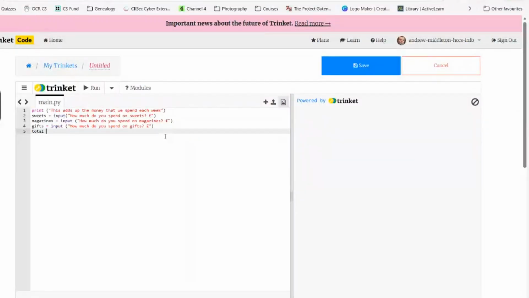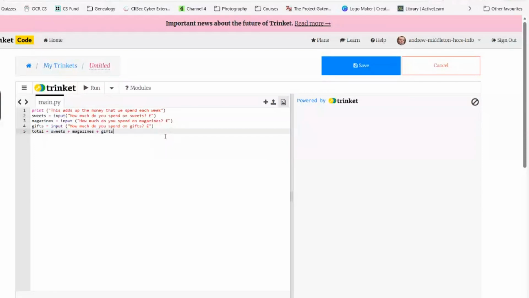A total is an add up of those. Now remember, if we put sweets with a plural, this needs to be sweets with a plural. Magazines, if it's a plural, it's got to be a plural. You can't spell them differently, or capitalize one and not capitalize the other. They've got to be entirely consistent.